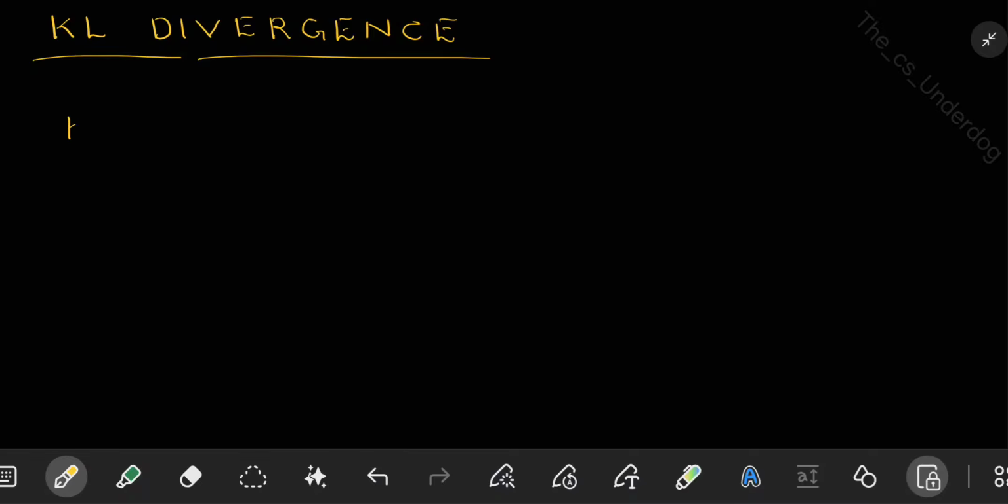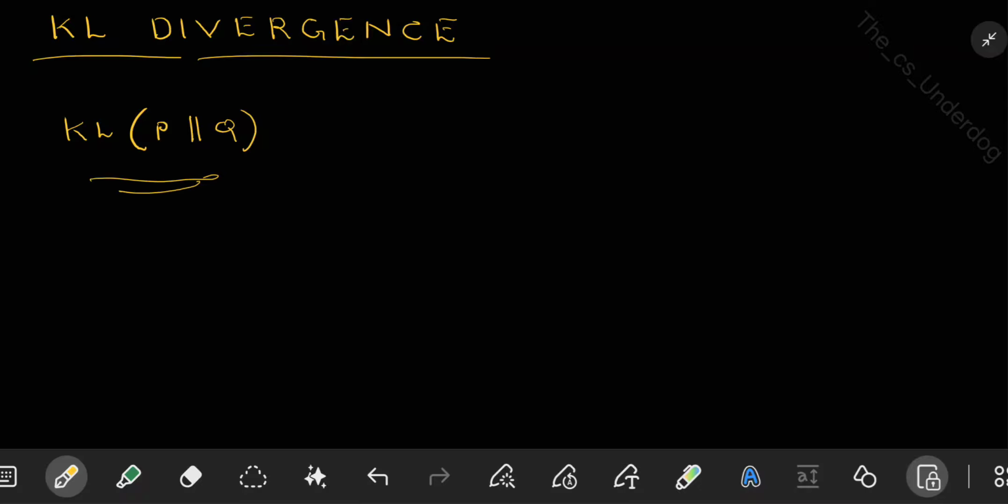So KL divergence can be written as KL(P||Q). How you have to read this is KL divergence of Q from P. P is the true distribution. Q is the newly constructed distribution, you can say. Then how much is Q diverging from P? That is what you are going to measure.